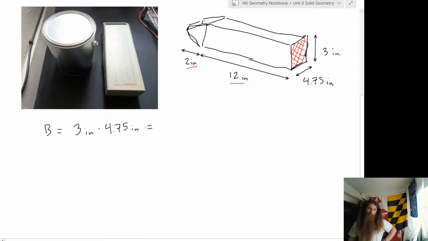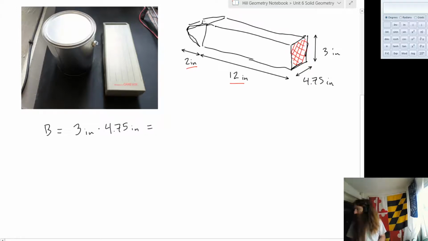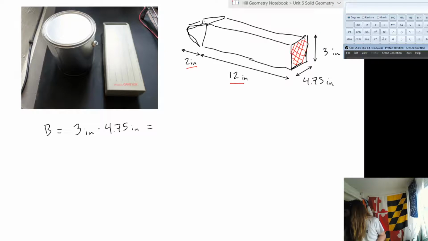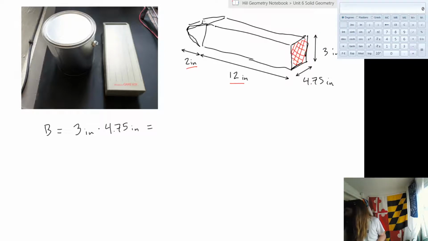This is something I might be able to do in my head, but I can pull up my calculator and do it that way. You can't see that very well. Let me move that in here. There we go. That's better.